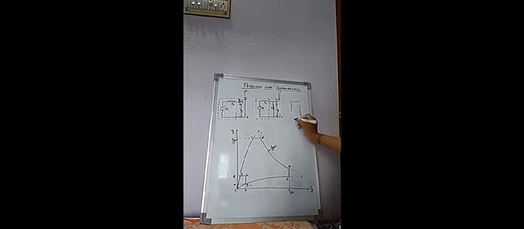If this is the four-layer device, this is the anode, the cathode, and this is the gate. When we give a positive signal to the gate with respect to the cathode, it behaves like a conventional diode.